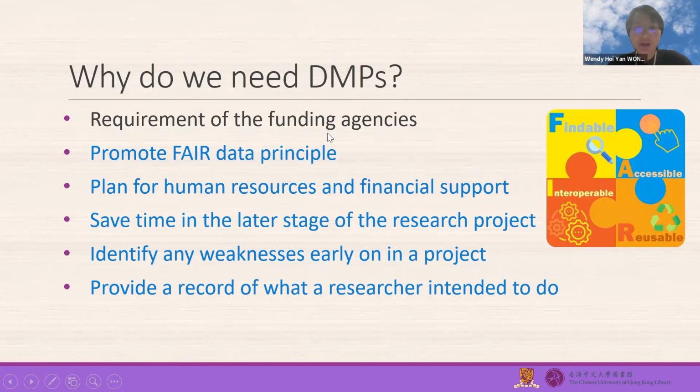Other than the requirement from funding agencies, having a data management plan also promotes the FAIR data principle. If you have not attended my earlier workshop, I would like to say a few words about the FAIR data principle. FAIR data principle means data being findable, accessible, interoperable, and reusable.